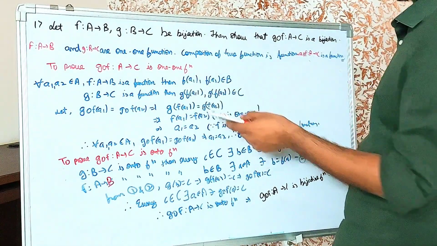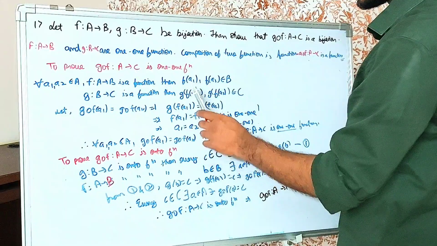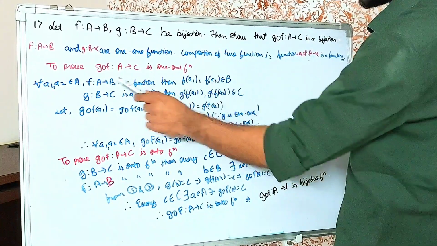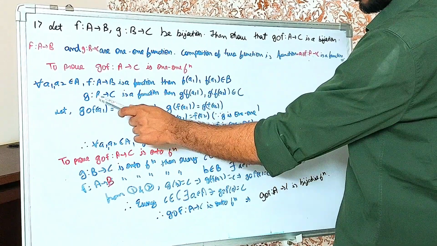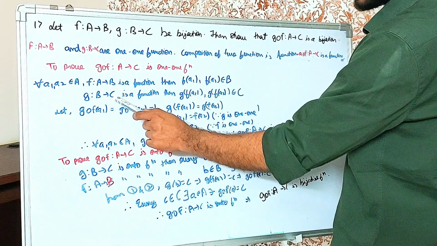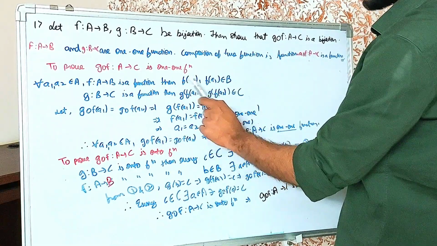Similarly, how we can prove this is a 1-1 function is not a very tough thing. f of a1, f of a2 belongs to B. Similarly, g of b directly we can say belongs to C. b is nothing but f of a.